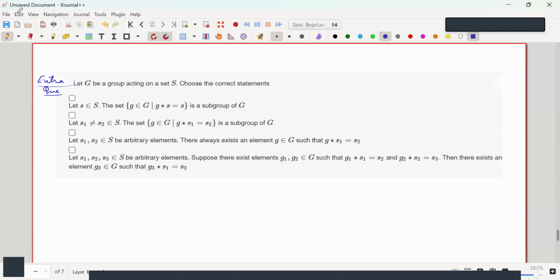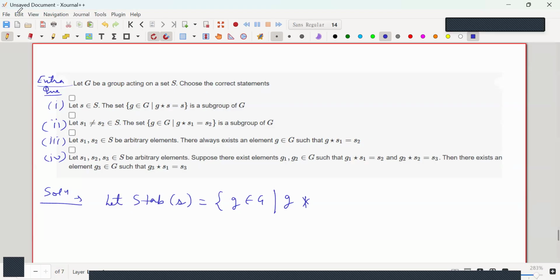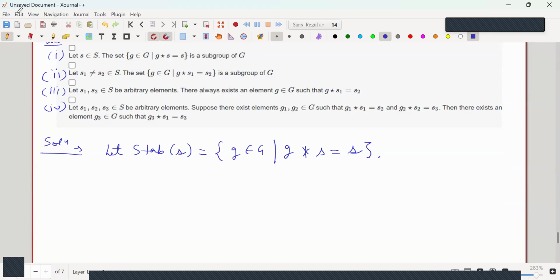Why? For the given set to be a subgroup, the identity element should belong here. Since this is a group action, I know that the identity element belongs to the set. And suppose some element g belongs to this set.